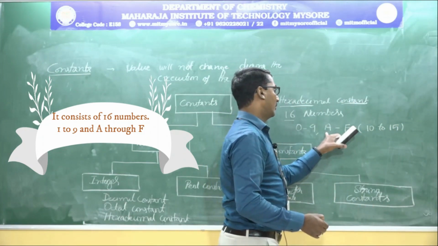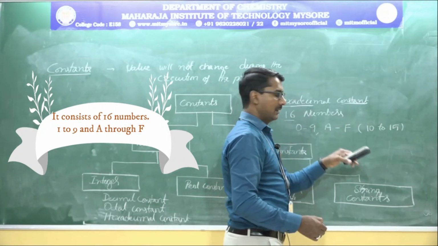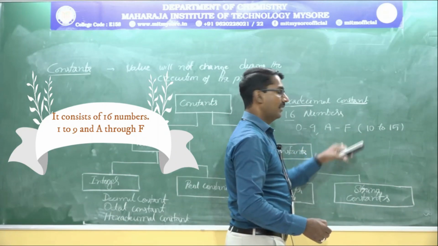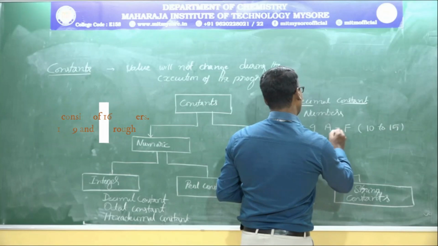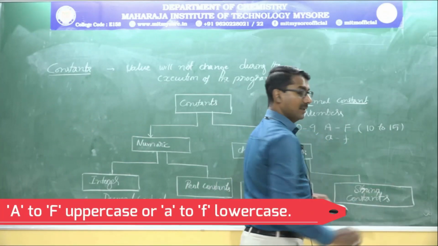So A is 10, B is 11, C is 12, D is 13, E is 14 and F is 15. Here we can use A to F capital or A to F small.